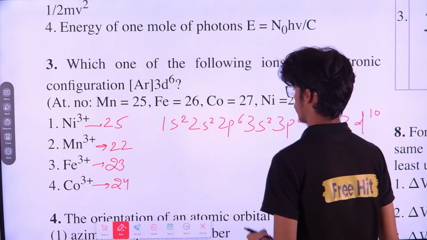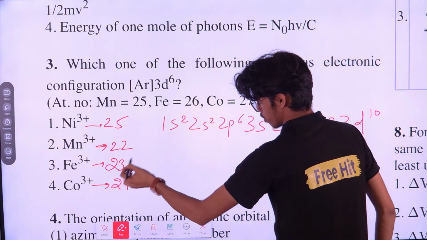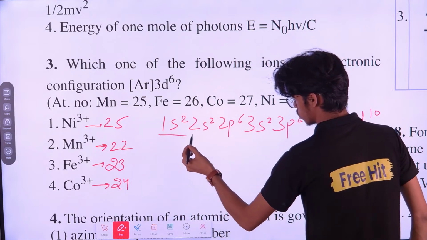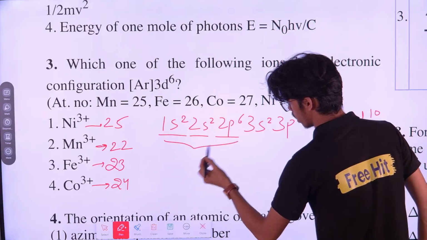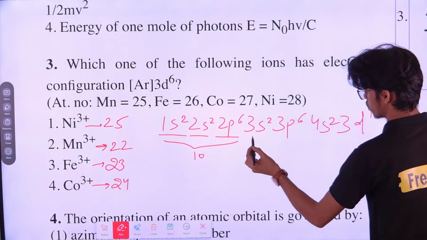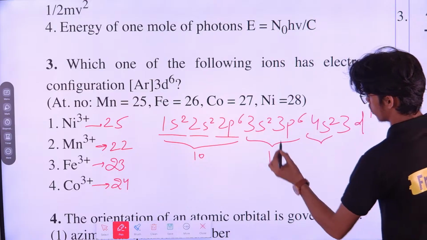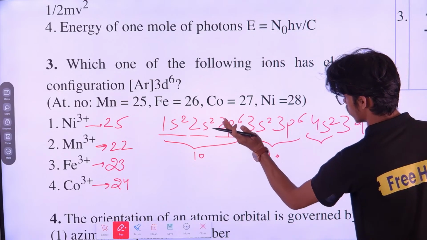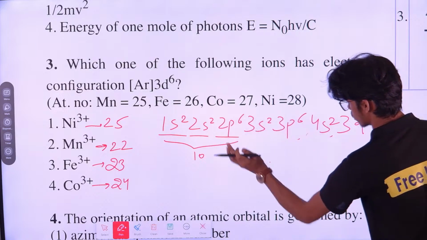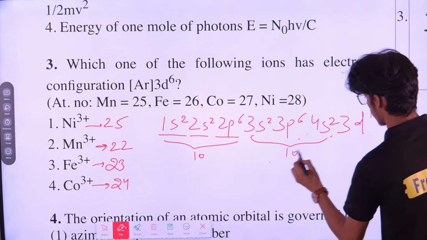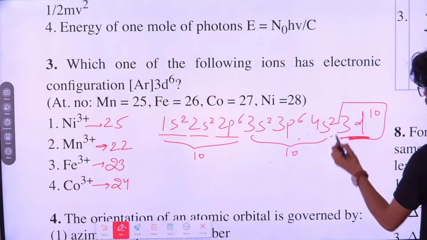Now see, this is 25, 22, 23, 24. 2 electrons in 1s, then 2s2 2p6 makes 10 electrons covered here. Now 3s2, 3p6 makes 18 electrons. 4s2, 2 electrons, so a total of 20 electrons in here, and then the rest of the electrons will be in the 3d orbital.